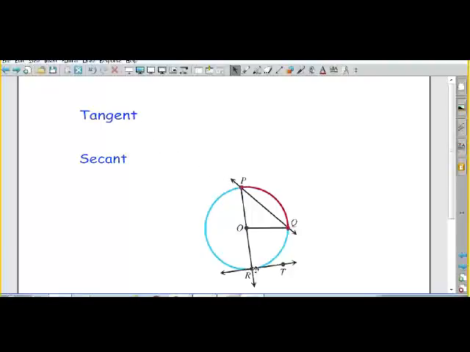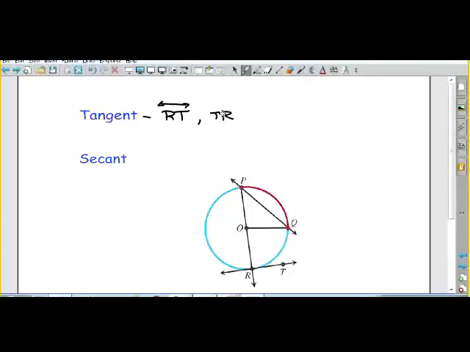Okay, so a tangent to a circle is a line which only touches the circle in one point. So on our diagram, we have one tangent line, and it's this one right here. So the tangent is the line RT, and we use a line symbol, which is an arrow on both sides.